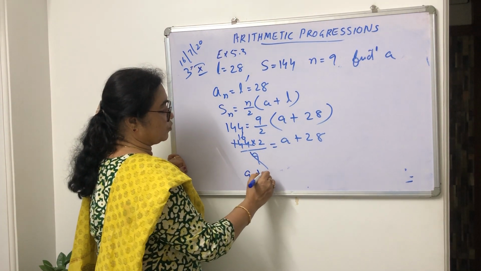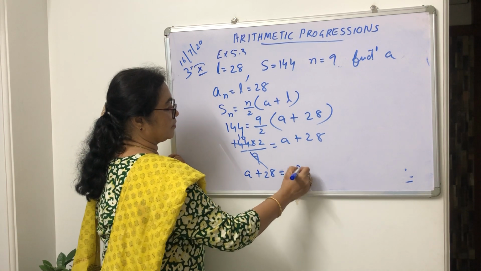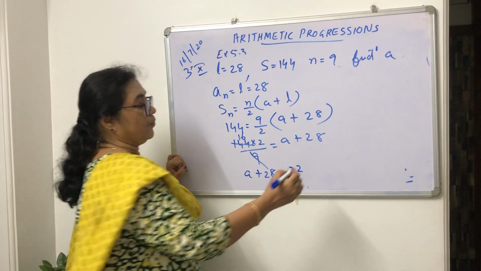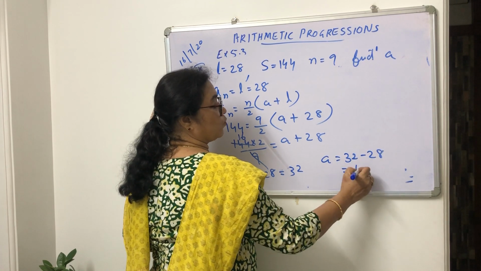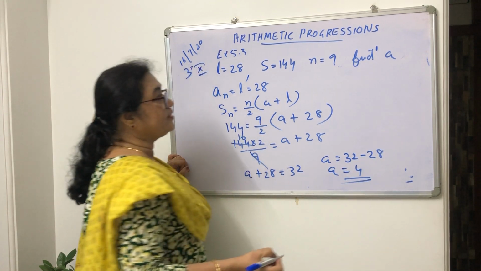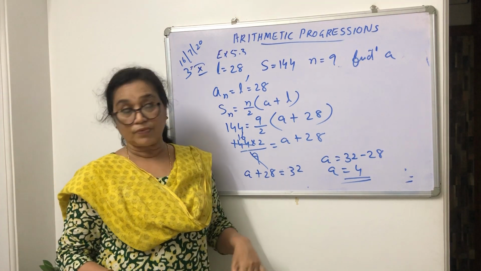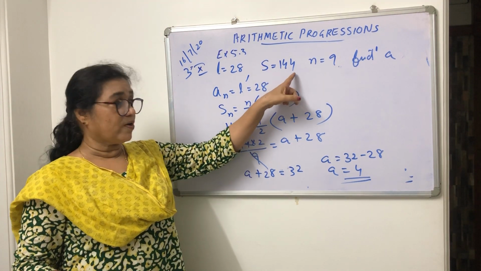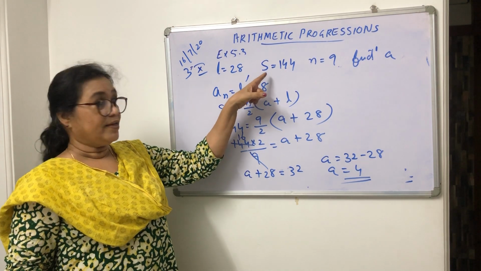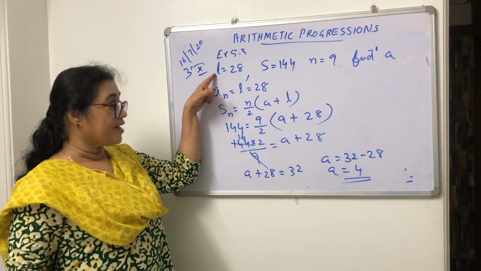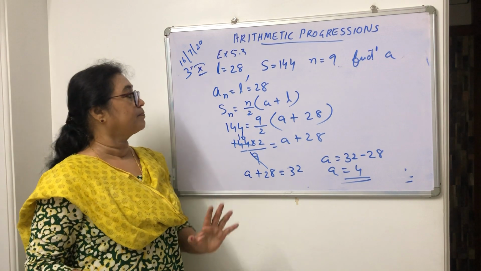So A plus 28 is 32. Then A is equal to 32 minus 28 is 4. The value of A is 4. Simply this S is 144 and N is 9 means this is S9 and this will be A9. That is the last step.